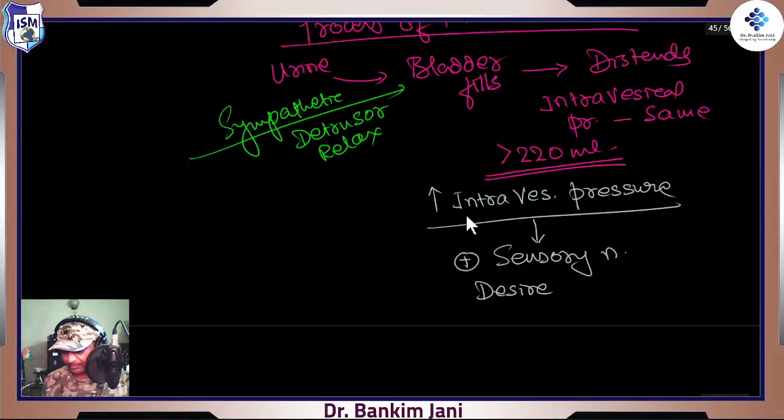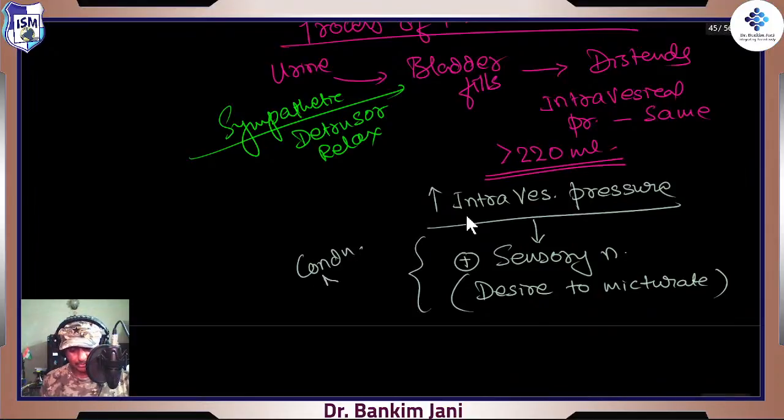That's the point when we start looking out of the window. Yaar, has the nearest petrol station come or not, right? That is the desire to micturate. Those posterior columns, right? They are now sending signals to the brain. Conditions not suitable, right? That bus conductor said after 15 minutes we'll be stopping.